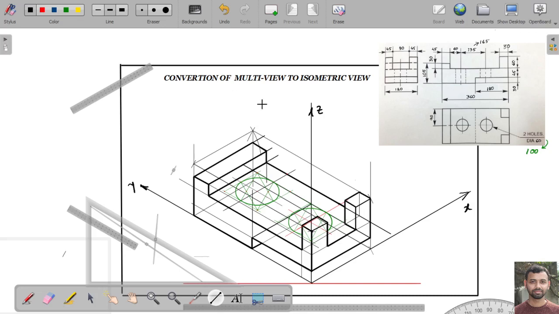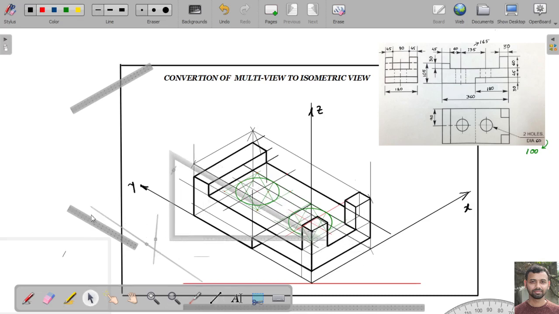That we have to mention over here also. We have to put the dimensions. So to put the dimensions, what we can do, we can take help of these set squares.